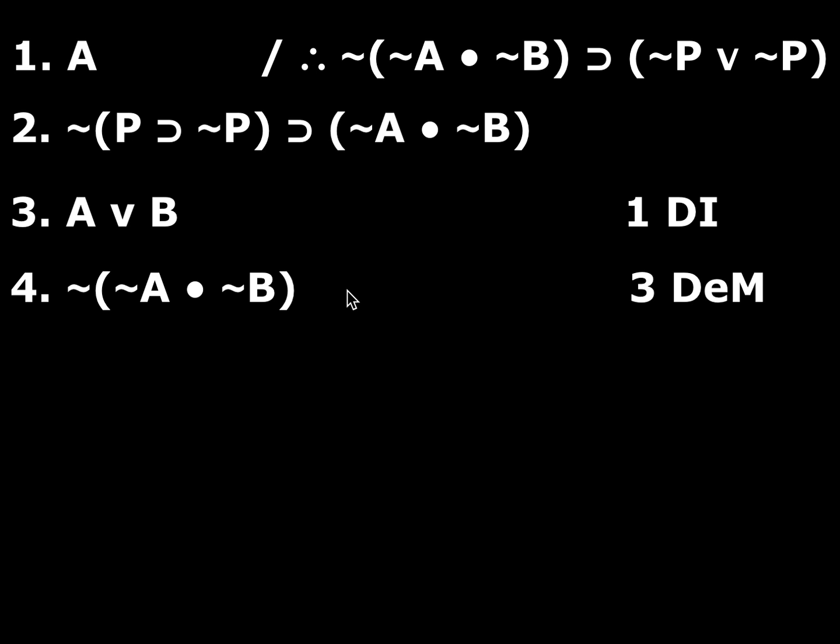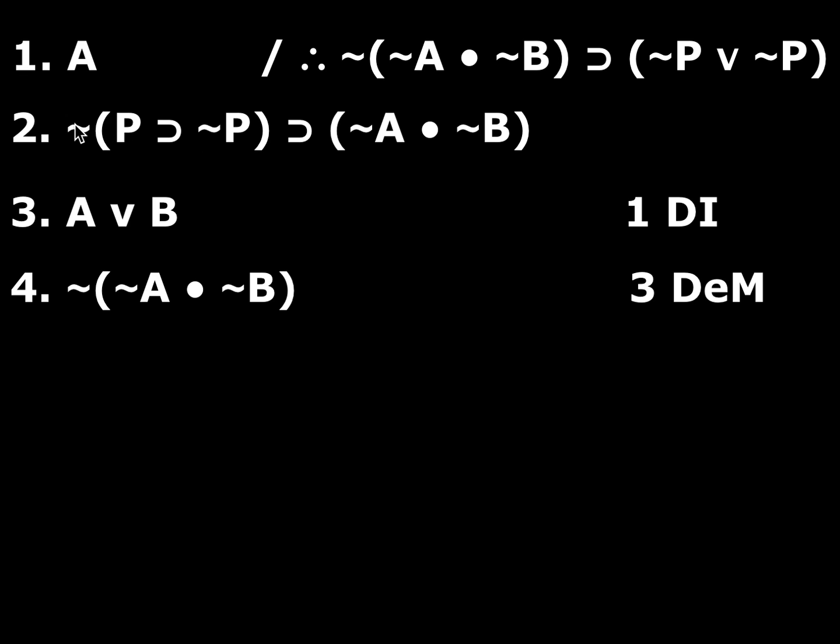And when I do go back to the drawing board, I notice that this is just the contraposition of that. If I do contraposition on this, remember I can swap the order of antecedent and consequent in a conditional, but when you do, you have to negate both of them.